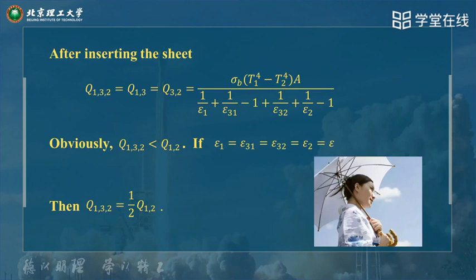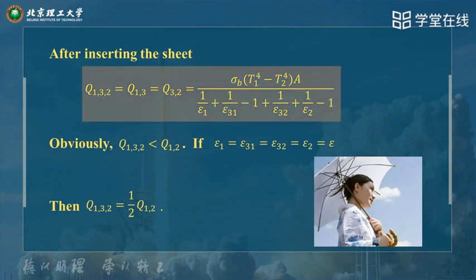After inserting the sheet, the resistance becomes 6 resistances. So Q1-3-2 equals Q1-3 equals Q3-2 equals sigma B times (T1 power four minus T2 power four) times A, where A is the area.